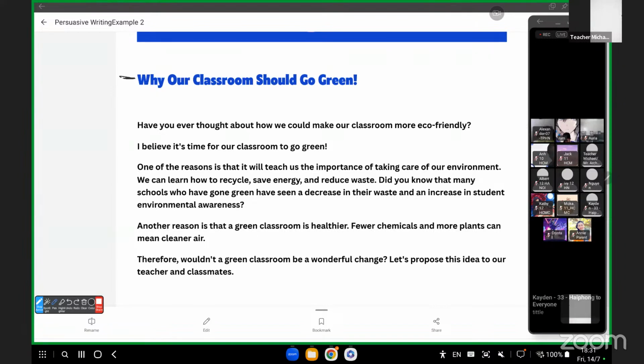That one at the top is the title. So just like Harry Potter and the Chamber of Secrets is the title of the book, Why Our Classroom Should Go Green is the title of our document here. So same thing.